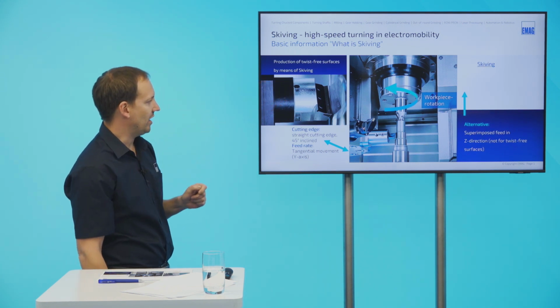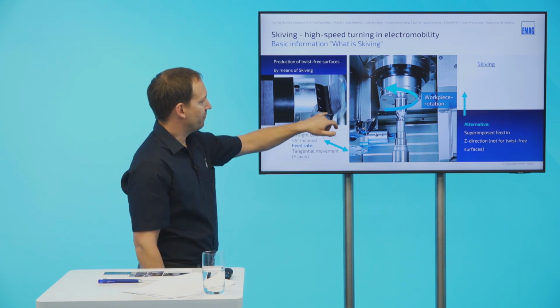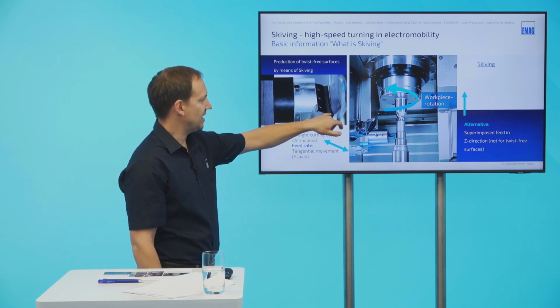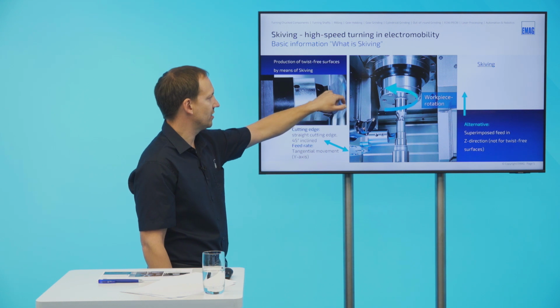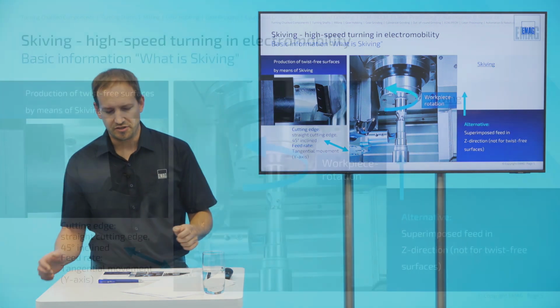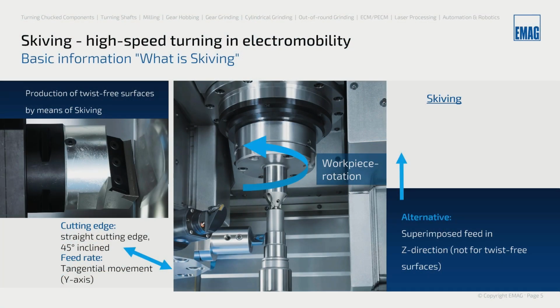It's moving in the y-axis, so the first point of contact is on this edge, and the point of contact moves along the cutting insert. This is good because we don't have such a thermal influence on every point of the cutting insert, because it has only a very short contact with the workpiece.